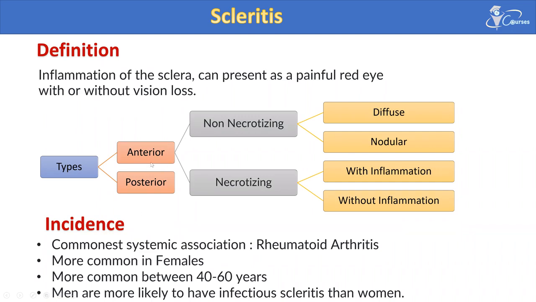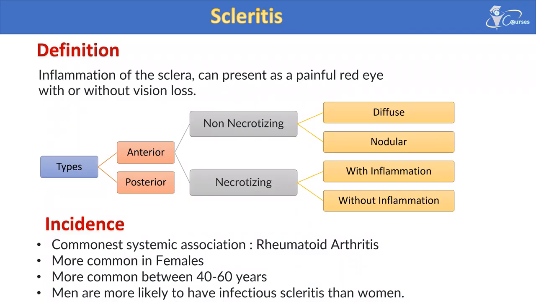Anterior scleritis could be non-necrotizing or necrotizing. So it can be associated with necrosis of the sclera, or there is no necrosis. If it is non-necrotizing, it can be diffuse or nodular, more or less the same classification as that of episcleritis.